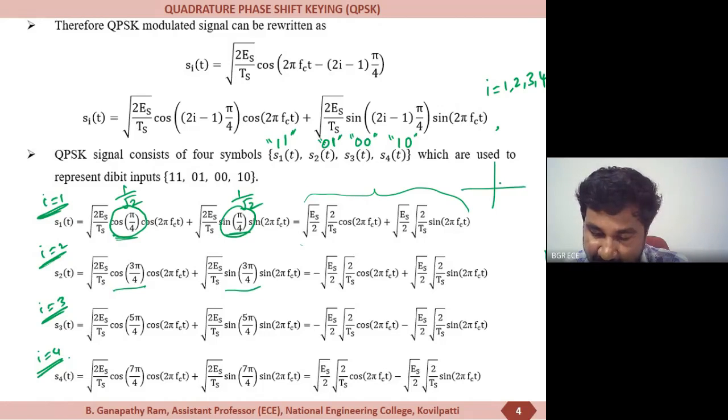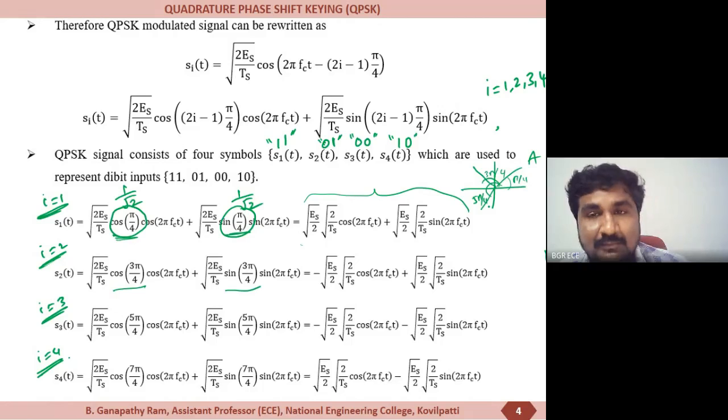As you know that for pi by 4, all the trigonometric functions are positive, and in 3 pi by 4, in the second quadrant, only sin is positive, and in the third quadrant, both cos and sine are having negative values, and in the fourth quadrant sine is having the negative value and cos is having the positive value.